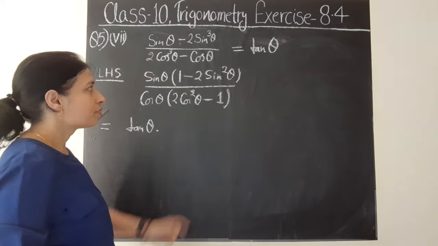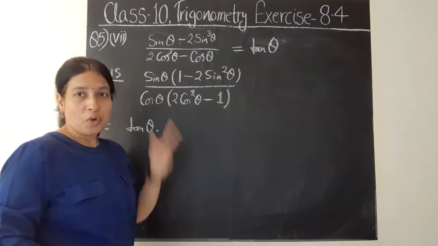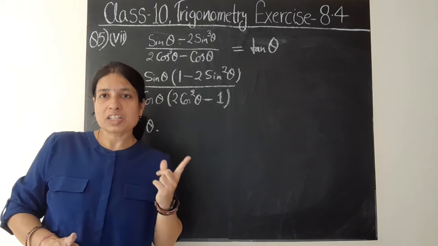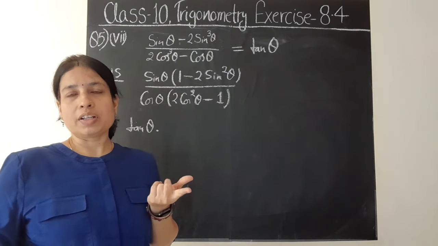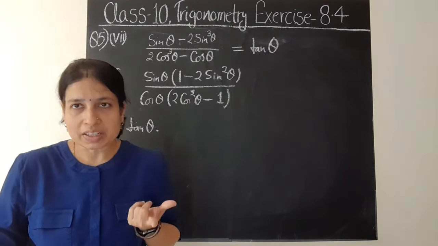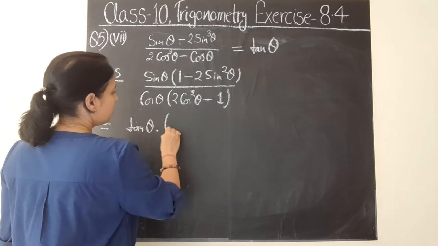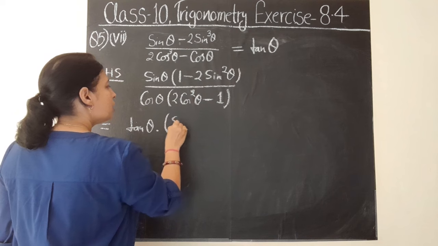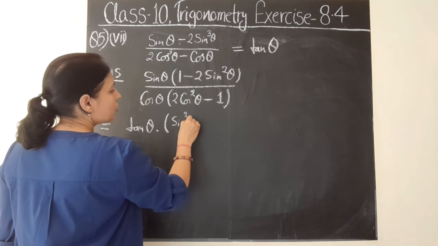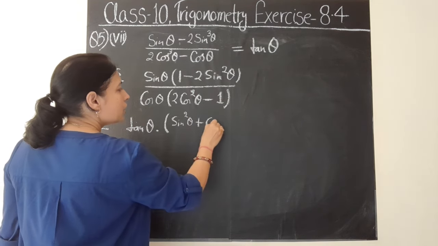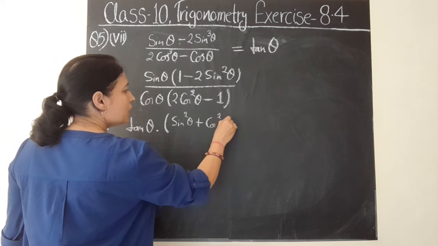Then in place of 1 we can write sin square theta plus cos square theta, because sin square theta plus cos square theta is 1. So write here in place of 1, sin square theta plus cos square theta.